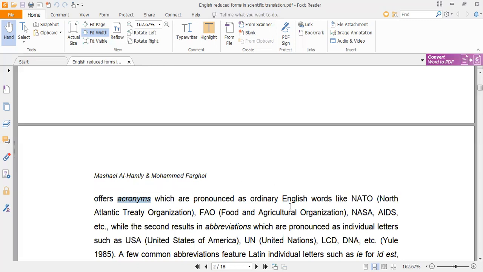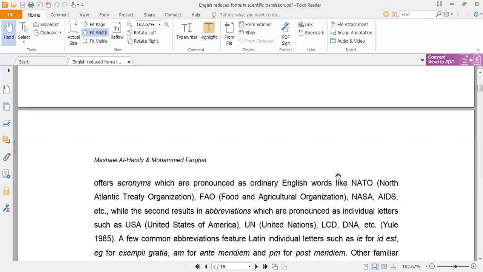For example, North Atlantic Treaty Organization. This is a phrase. Now we take the initial letter of every word in the phrase, N A T O, and then we pronounce them as a word, NATO.